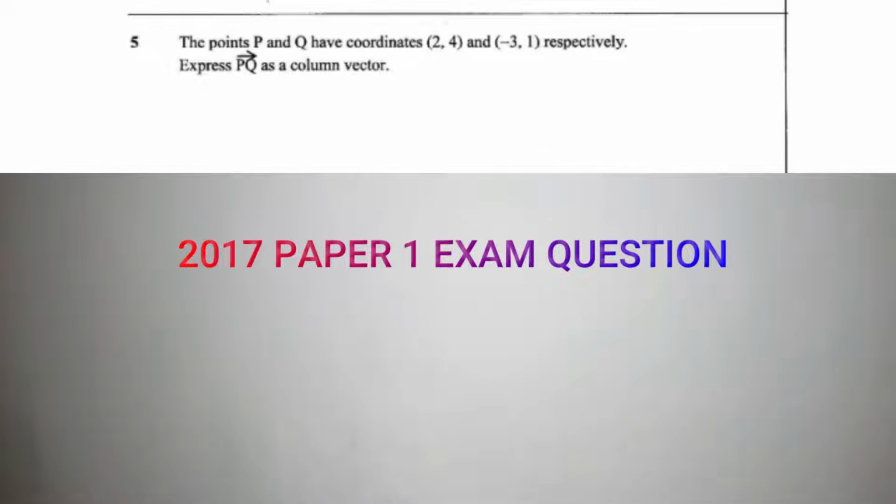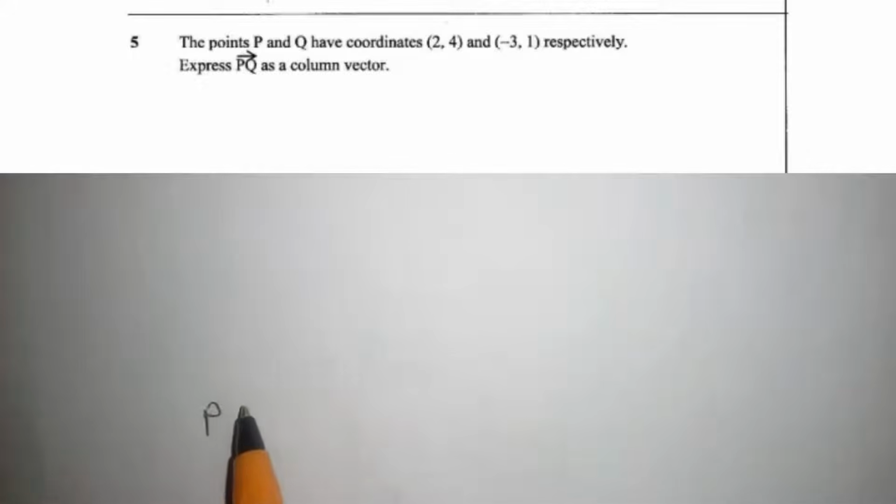So when you see the word respectively, it means the letter which starts is P. So this P will move with the coordinates 2, 4, and the letter which follows is Q, which will move with the coordinates negative 3, 1.